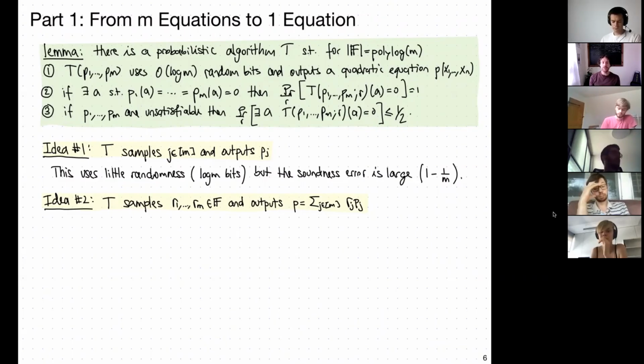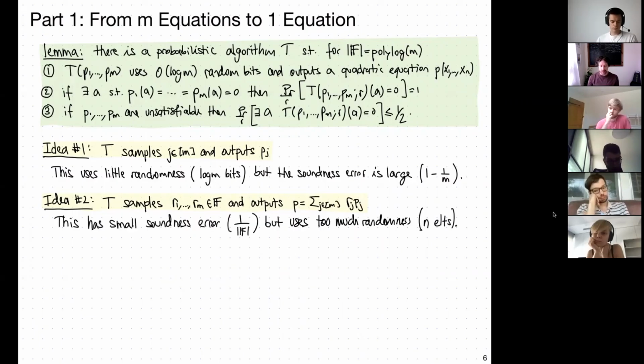So this is essentially what we did yesterday, right? We chose some m field elements and we output this random linear combination. This is exactly what we did with the Hadamard. But something like that would give us an exponential blowup, an exponential size. This really has small soundness error, like one over |F| as we had yesterday, but it uses a lot of randomness.